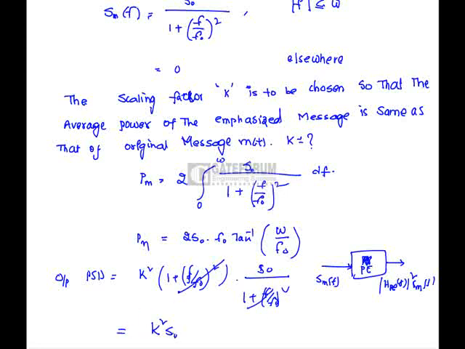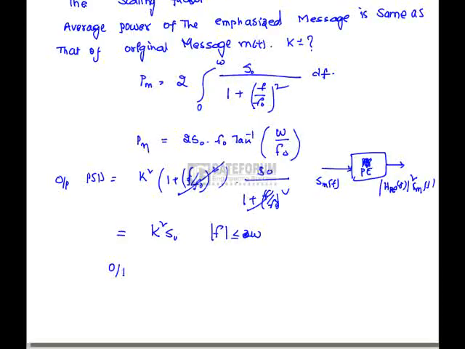K square S naught over the frequency range mod f up to omega. So output power is nothing but 2 k square S naught omega, which equals 2 S naught f naught tan inverse of omega by f naught.